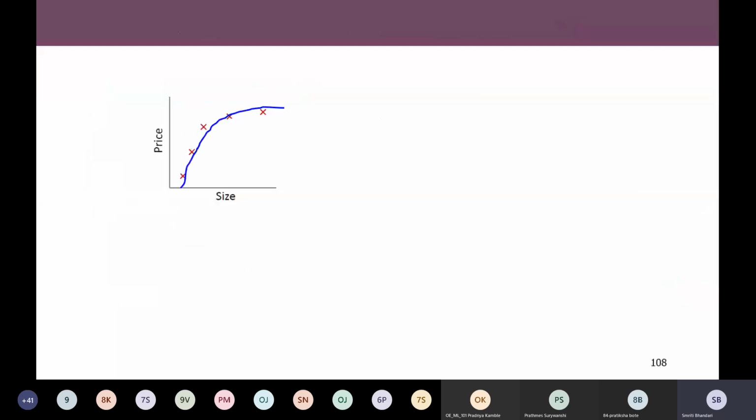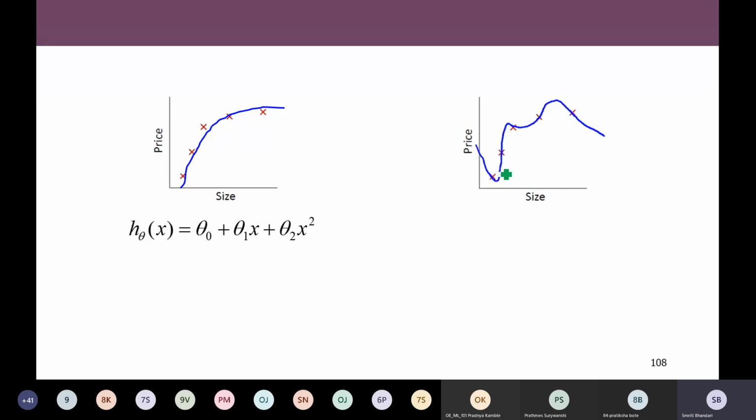Let me give you one example for this. This is the hypothesis that we stated. This is a quadratic function, and we stated that this hypothesis is a good fit for our training set. As against this, the hypothesis we have tried to fit here is a high order polynomial, a polynomial of order 4.